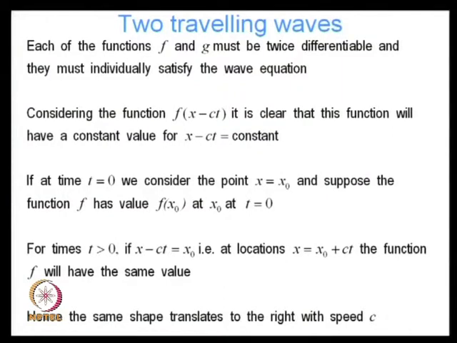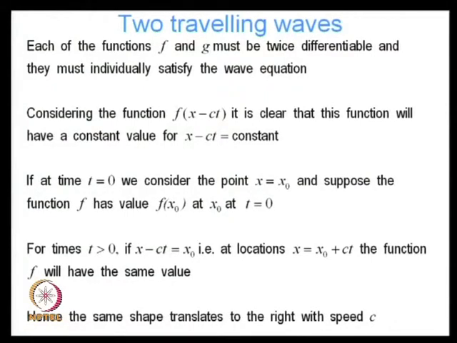Each of the functions f and g must be twice differentiable, which is obvious because the wave equation involves second derivatives. Since the equation is linear, f and g must individually satisfy the wave equation.